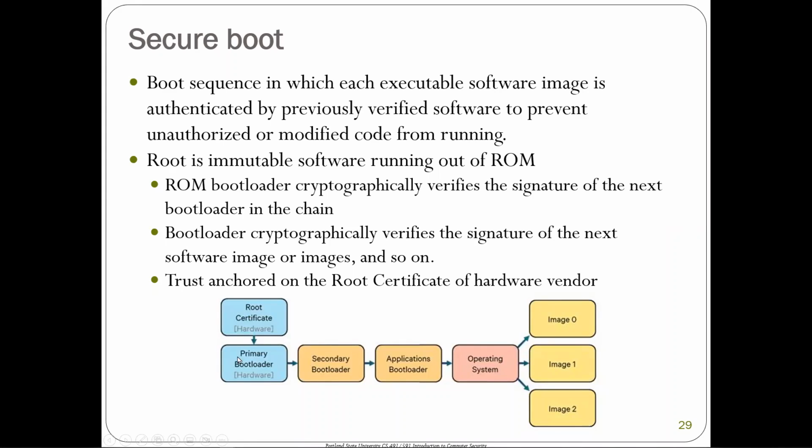And then from the bootloader, you have trusted bootloaders, and only with the private key signing the secondary bootloader are you allowed to go to the next step. And so this trust is anchored all the way through to the hardware vendor.